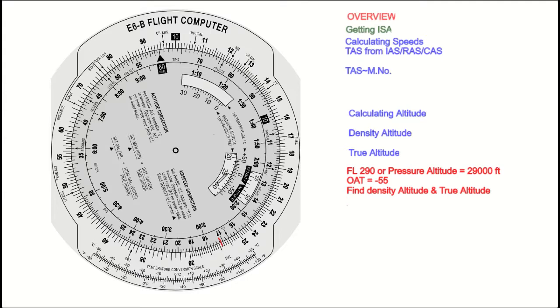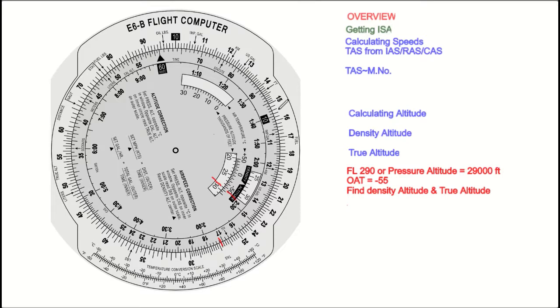This is 290, and this is 1, 10, 20, 30, 40, 50. This is minus 55. So I set 290 against minus 55 here.